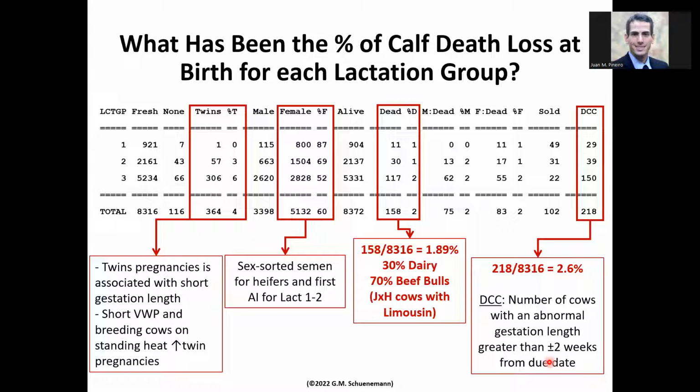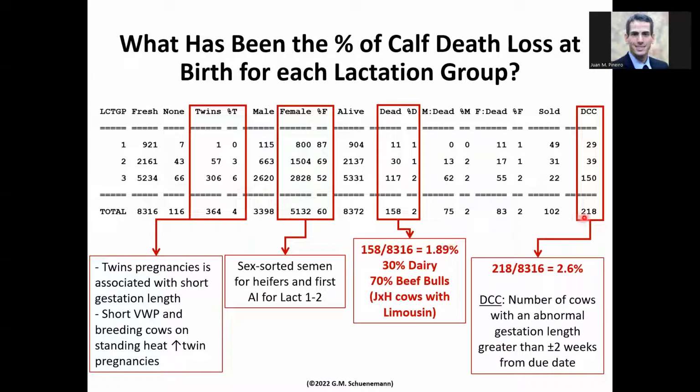Remember that I give you the short, the medium or average, and long gestation length. Cows deviated 2 weeks one way or the other are out of the normal, right? These are non-normal gestation lengths, and usually we do not include these numbers in the overall evaluation.